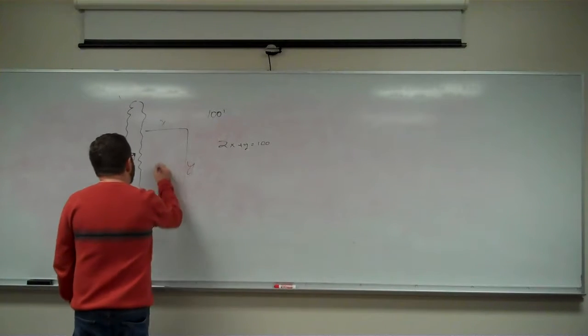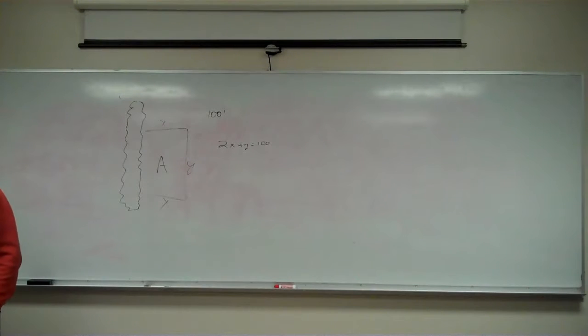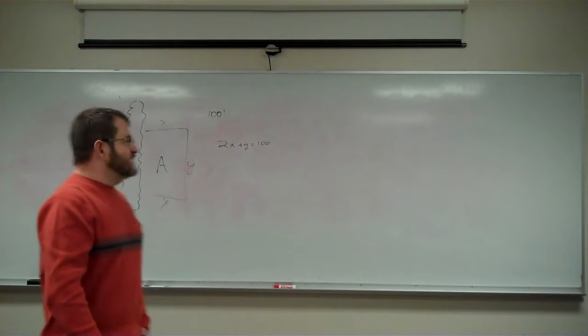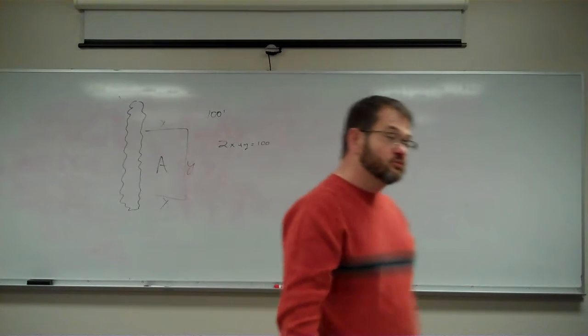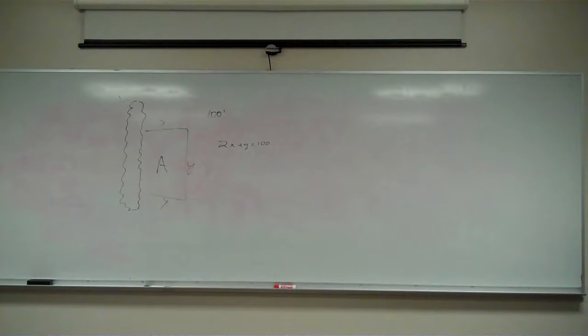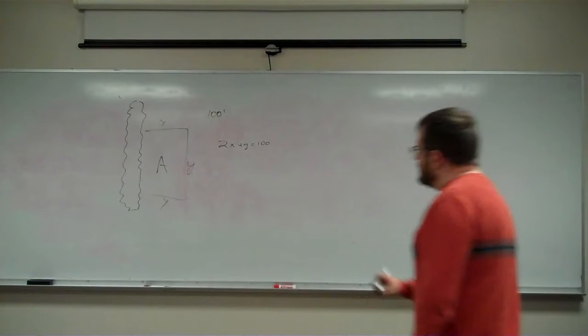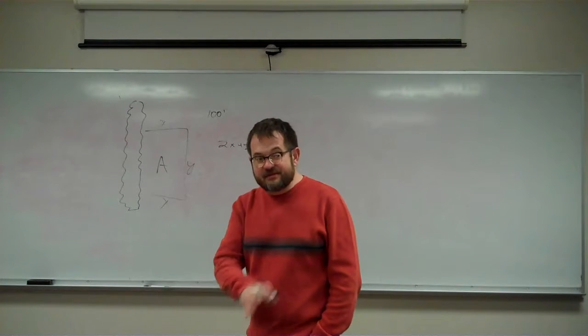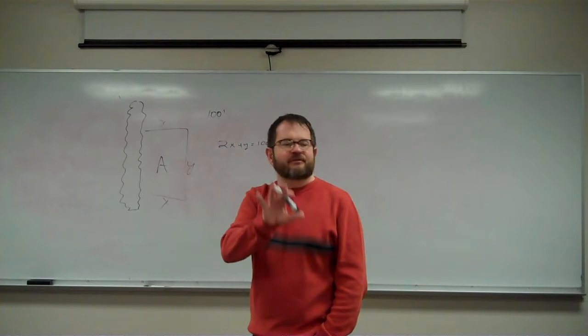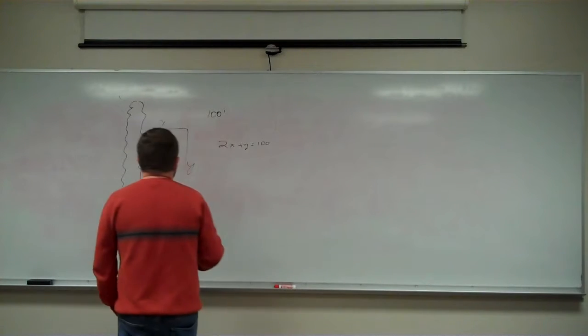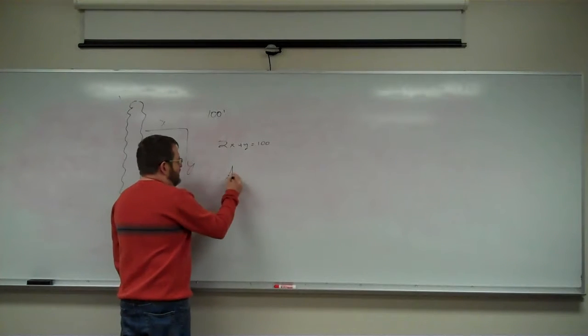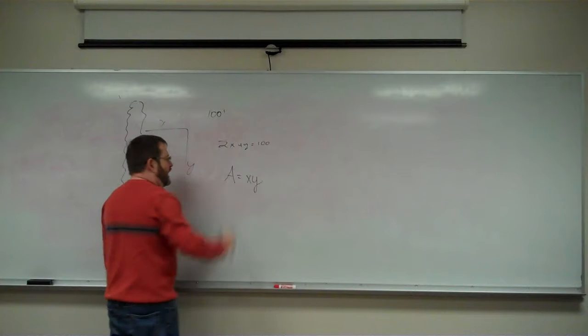Alright, so in other words, A, the area of this garden, is what you're trying to optimize. We need to find the value that would produce the most. Now, your book makes this harder than it needs to be, but for good reason. But let's keep it simple first. Alright, A equals x times y.